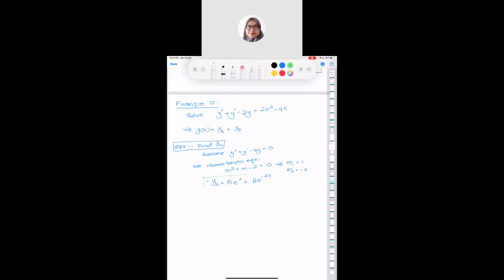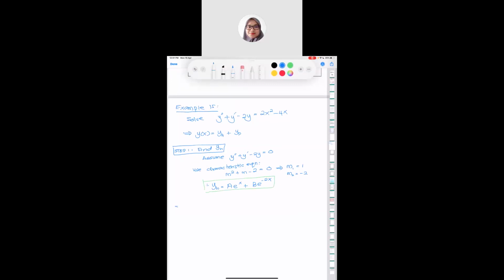Selesai YH. Dah dapat YH, kita kena cari YP. So step number 2, find YP. Dengar untuk YP, characteristic equation, undetermined coefficient, kita tengok kita punya fx.